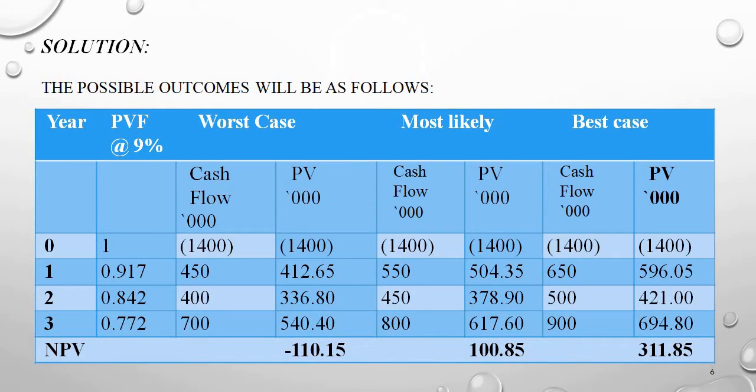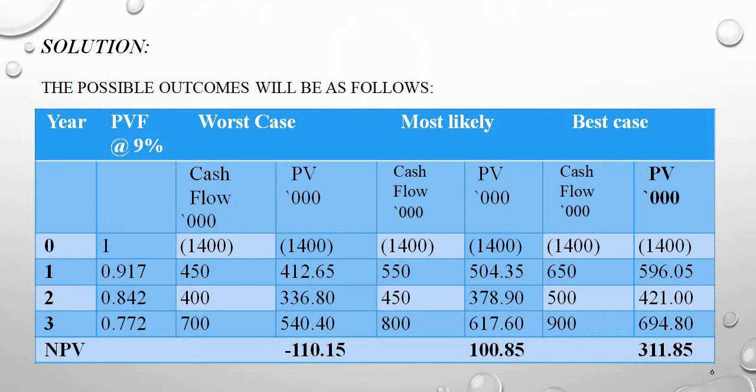In worst case, the first year cash inflow has to be multiplied with first year PVF, which will give you the present value of that cash flow. Same as well in the most likely case. First year cash flow has to be multiplied with first year PVF, which will give you the present value of cash flow.